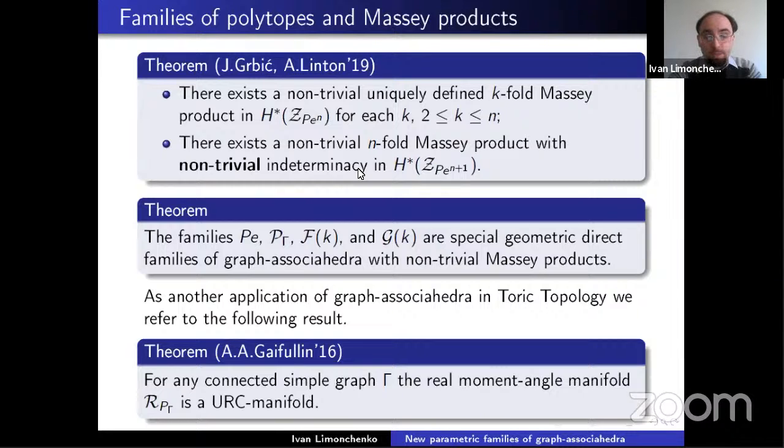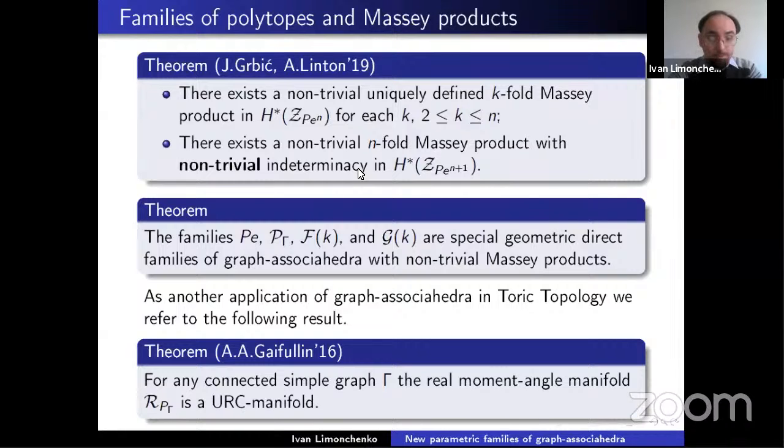of realization of cycles. URC means that it's such a manifold that for any topological space and any dimension n, for any homology class of dimension n in any topological space, this class can be realized by mapping this manifold to that space and taking the fundamental homology class of this URC manifold and mapping it to the homology of the topological space.